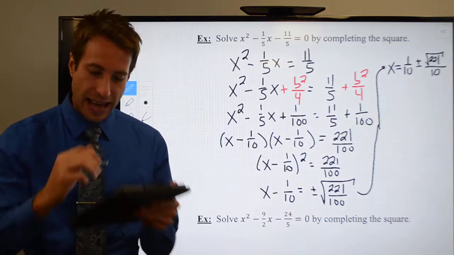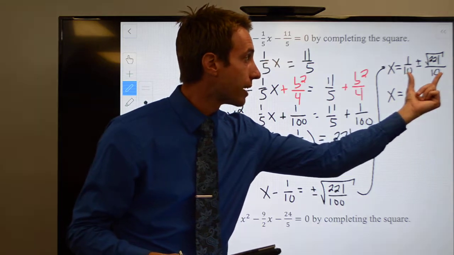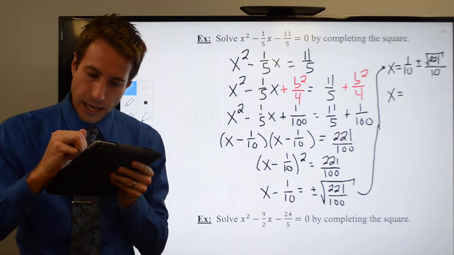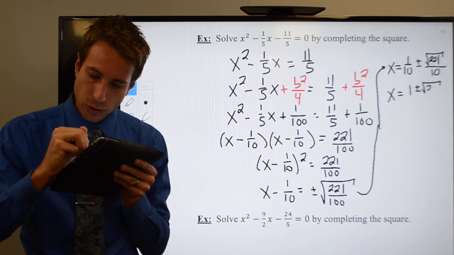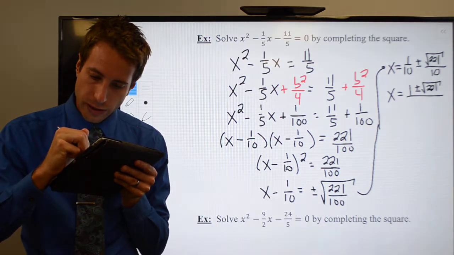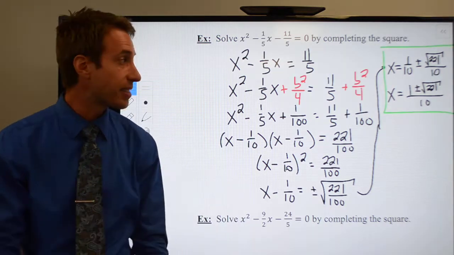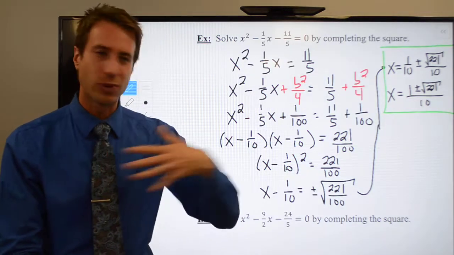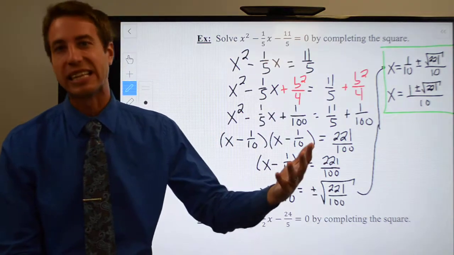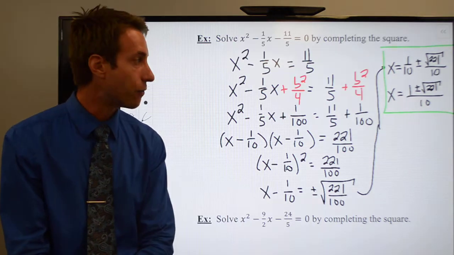You could leave it like that, or you could write your answer with common denominators, so I would add the numerators and have 1 plus or minus the square root of 221 all over 10. Both of those mean the exact same thing. I could give it to you either way on a test or a quiz. I don't really have a preference. Be comfortable with it in either form.